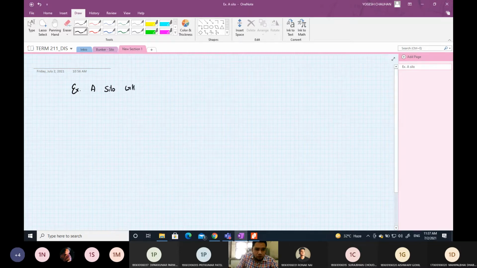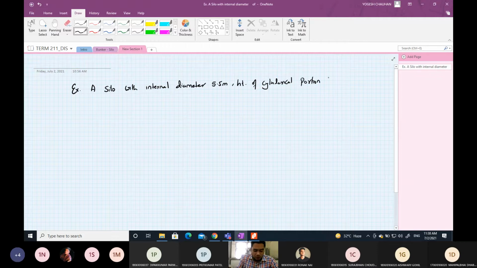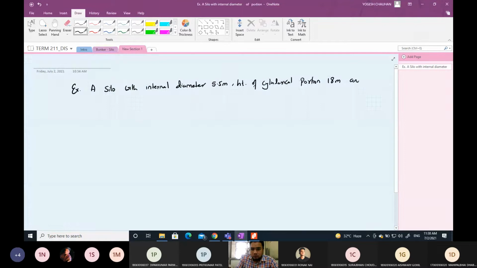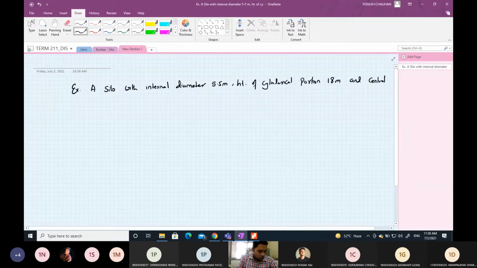A silo with internal diameter 5.5 meter, height of cylindrical portion 18 meter, and central opening with 0.5 meter is to be built to store wheat.